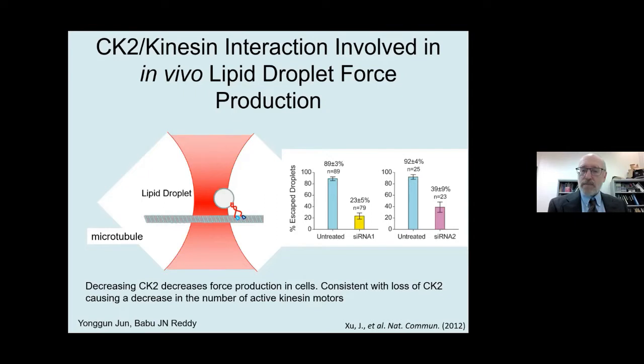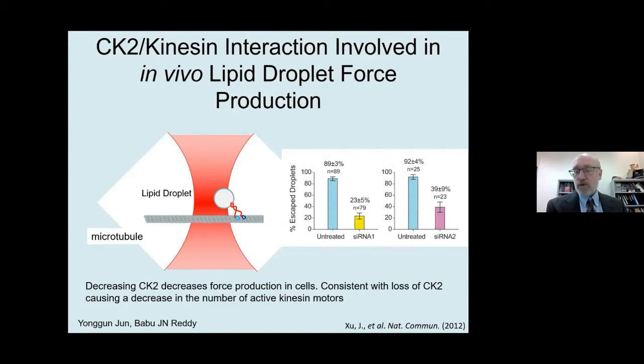And then in the case where the CK2 has been decreased, now we see 23% of the lipid droplets are escaping. So a dramatic decrease in the number that are escaping, which basically means that the force production driving the motion of these lipid droplets is significantly decreased, and that's consistent with a loss of kinesin activity moving these lipid droplets.